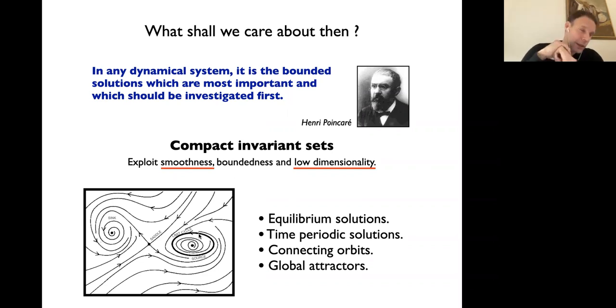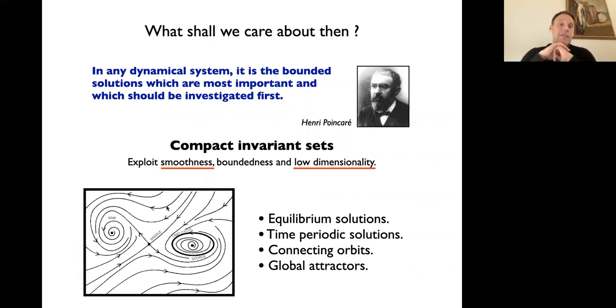And they are particularly interesting because they are very smooth. They're smoother than, say, a typical solution of an initial value problem, and they're low dimensional. If you take a look at this cartoon picture here, you could think of each point as being a solution to a PDE, for instance, or a delay equation, and so on.